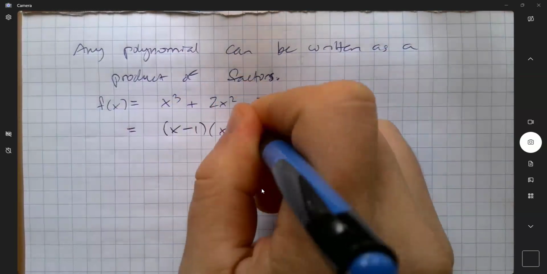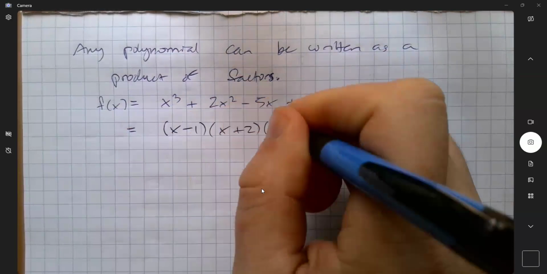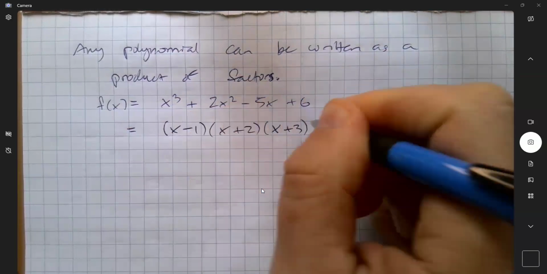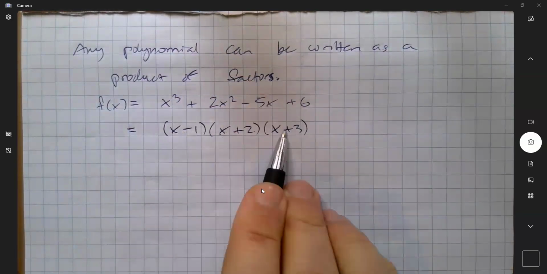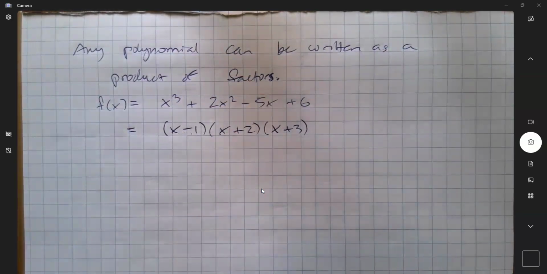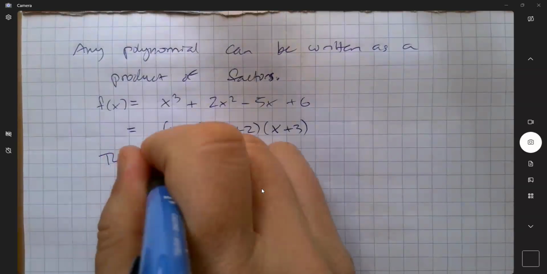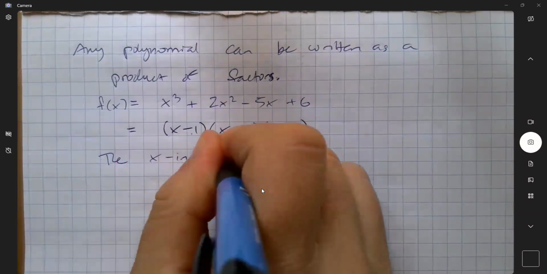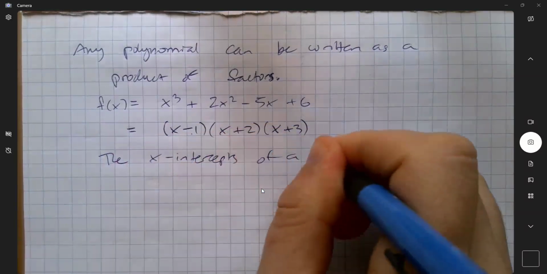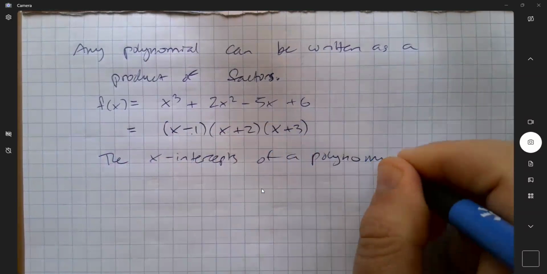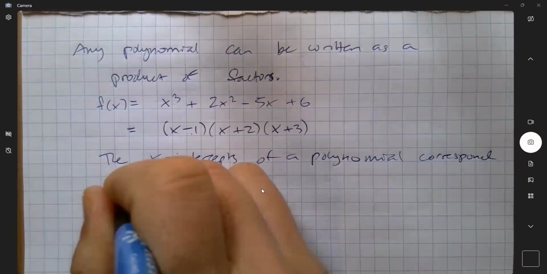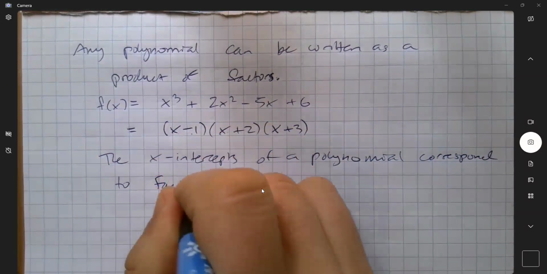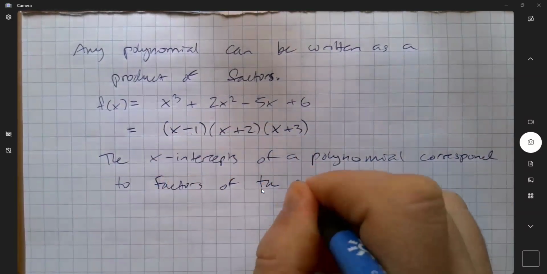I could write this as x minus 1 times x plus 2 times x plus 3, because my polynomial will cross the x-axis at these 3 points. The x-intercepts of a polynomial correspond to factors of the polynomial.